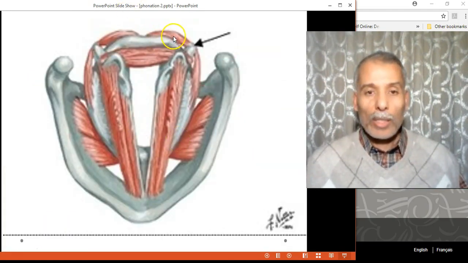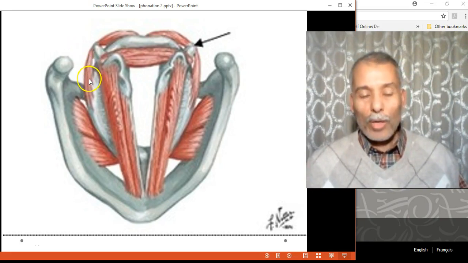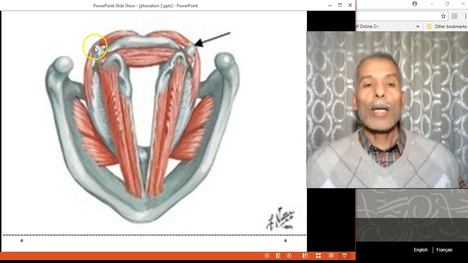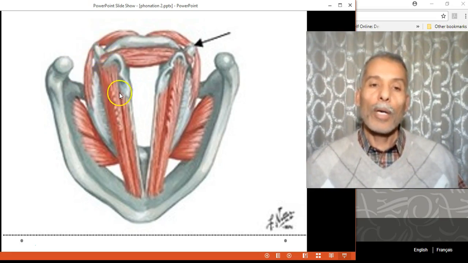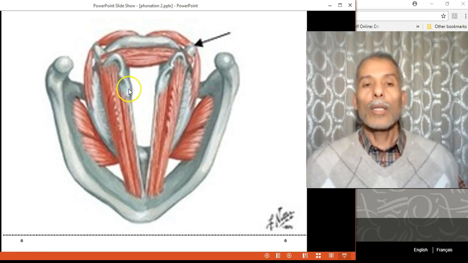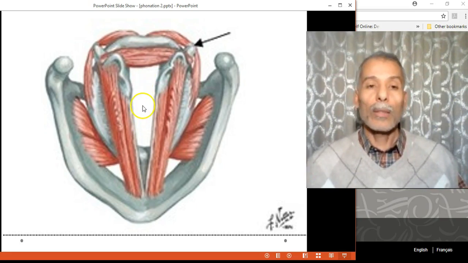So again, on this image, here's the posterior cricoarytenoid. Across from it is the lateral cricoarytenoid. And this lateral cricoarytenoid is going to contract and rotate the muscular base of the arytenoid, and by doing so it will rotate the entire arytenoid medially, and both of them do that, and they bring the vocal folds to the midline to adduct them.